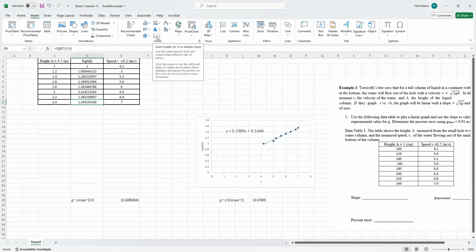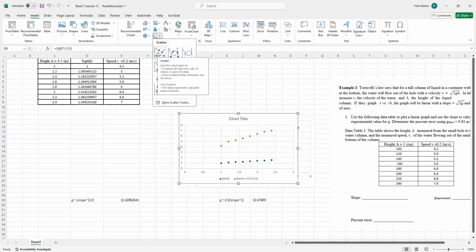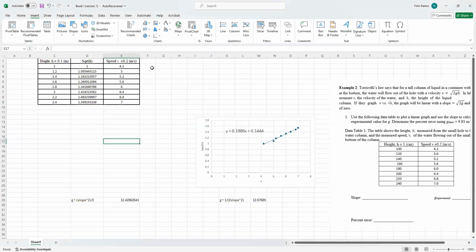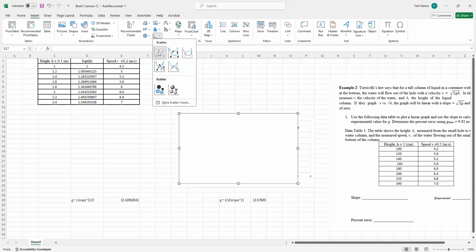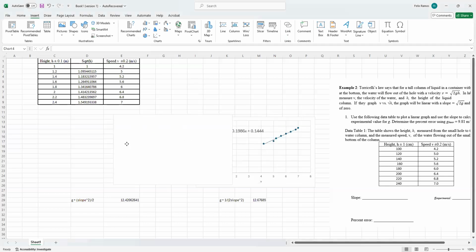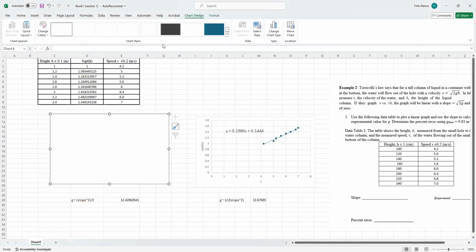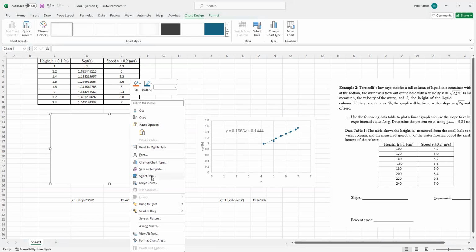You will select the scatter plot graph, right? So I will say insert, and I will insert one scatter plot graph. Once I have my scatter plot graph here, I will right click and say select data.